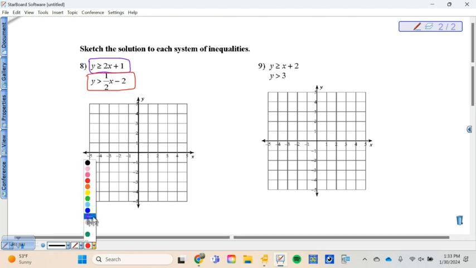Okay, it doesn't take that long. For my purple line, what's my y-intercept? For the purple one, where do you see a -2? Anthony, you're just being difficult.